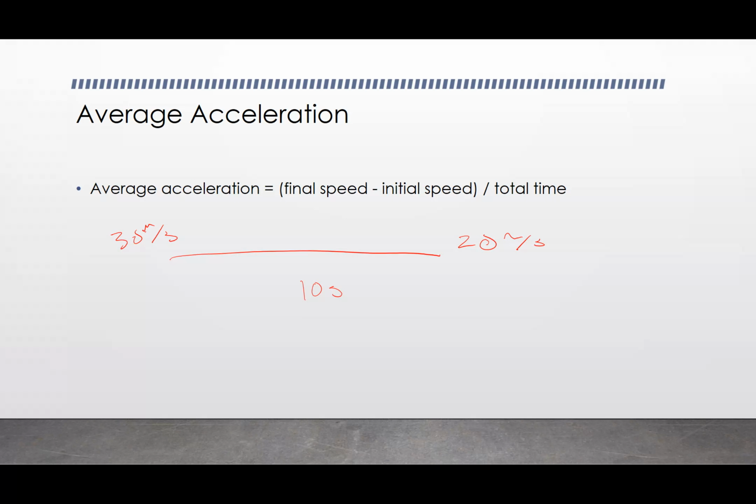So it's your final 20 meters per second minus your initial of 30 meters per second divided by your total time interval.